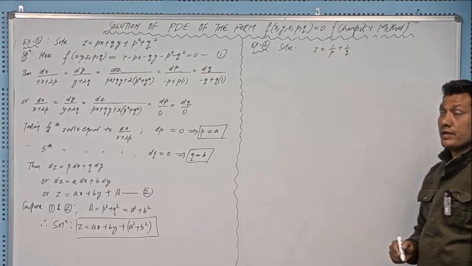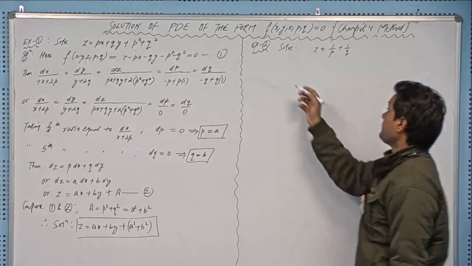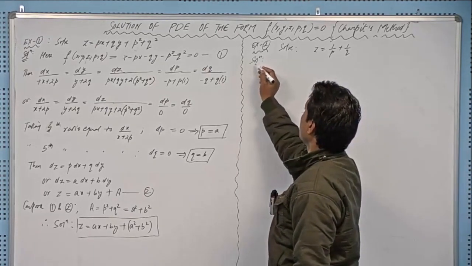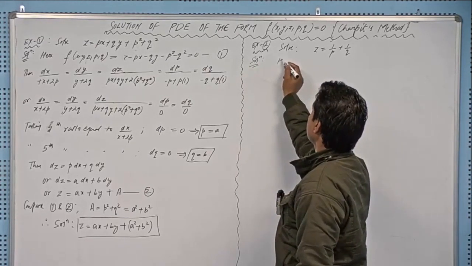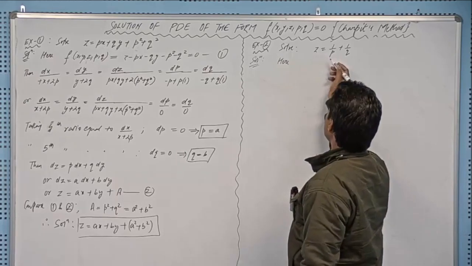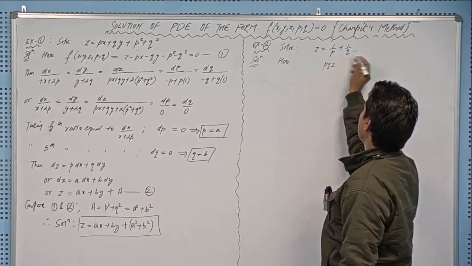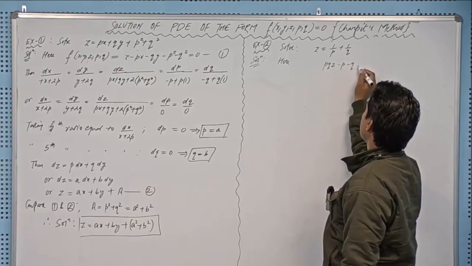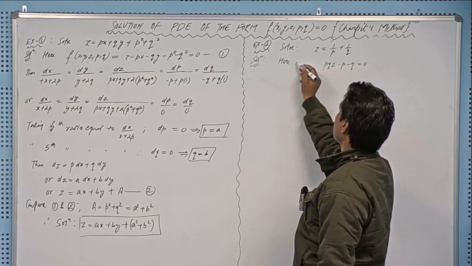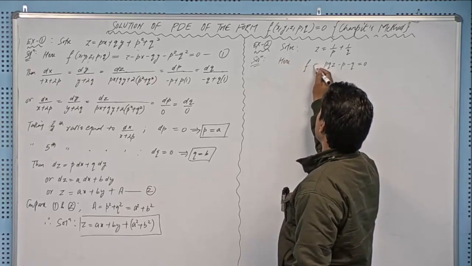Okay, so if you simplify this, you will get pqz is equal to p plus q, then pqz minus p minus q equal to 0, and let me call it f.